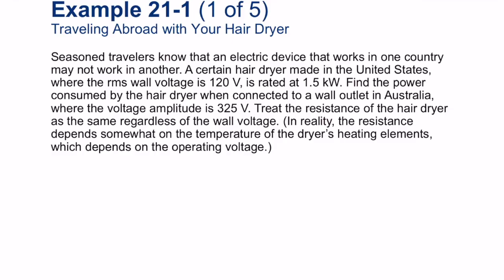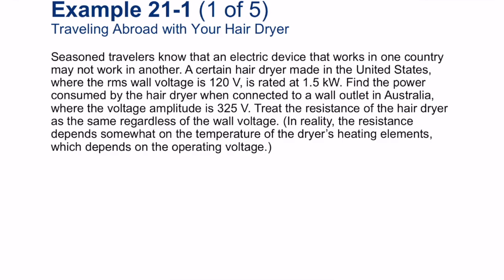So let's say you have a hairdryer made in the USA, and the RMS wall voltage here is 120 volts. This hairdryer is rated to only accept a maximum of 1.5 kilowatts of power. If more power goes into that hairdryer, it could blow up, basically.